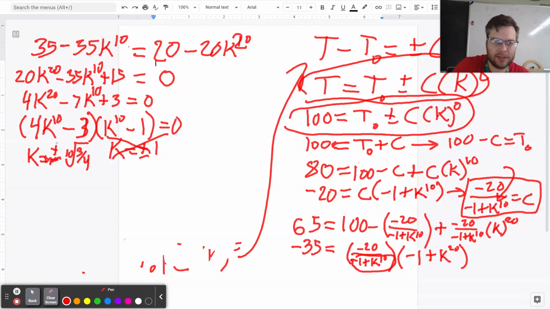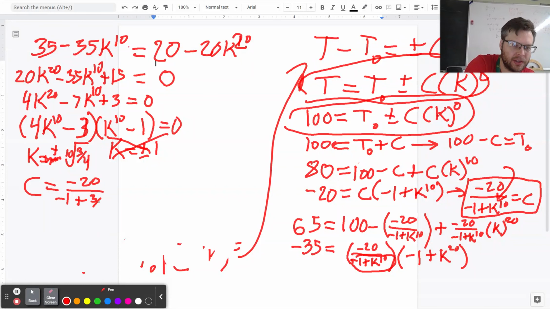From here, it's not so bad to find the C value, which is just negative 20 over negative 1 plus 3/4, because we had the 10th power and the 10th root. So that's negative 20 over negative 1/4, which is 80.